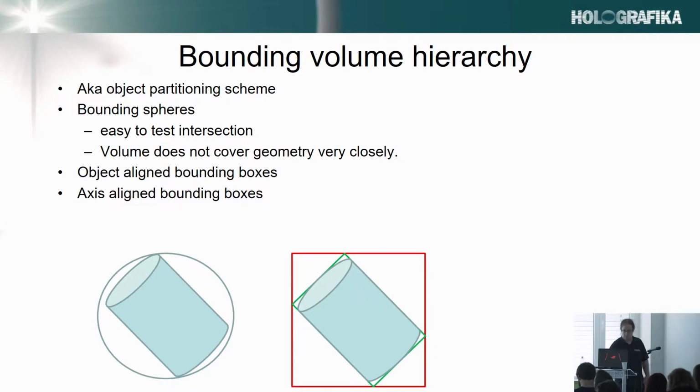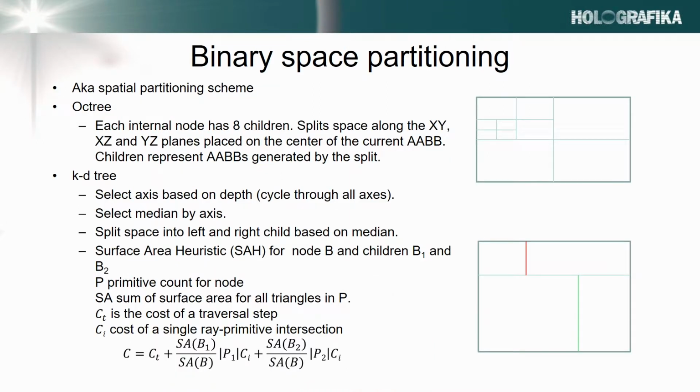And we can have a spatial partitioning scheme where we have a section of space that we want to partition in multiple subspaces. And basically, there are two versions of this spatial partitioning. One of them is the octree, and the other one is the KD tree.